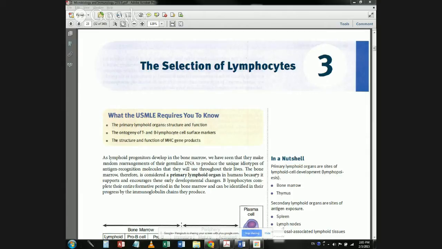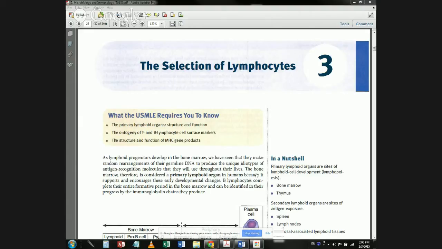The bone marrow, therefore, is considered a primary lymphoid organ. So bone marrow is one of them in humans because it supports and encourages these early developmental changes. B lymphocytes complete their entire formative period in the bone marrow and can be identified in their progress by the immunoglobulin chains they produce. That's explanatory.